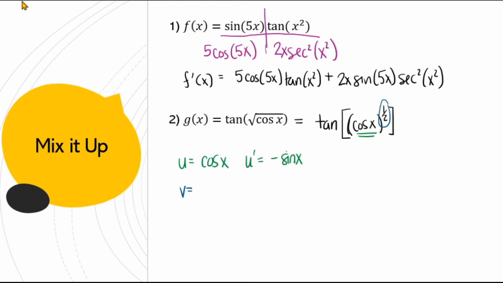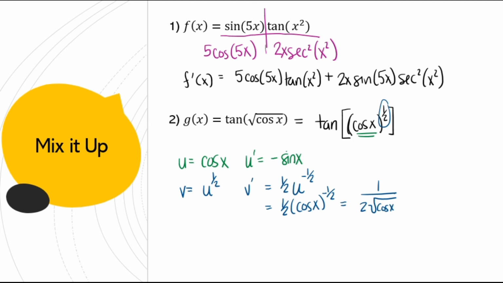So v is u to the power of 1/2, which means v prime is 1/2 u to the power of negative 1/2, which is 1/2 cosine x to the power of negative 1/2, which we could write as 1/2 root cosine x.